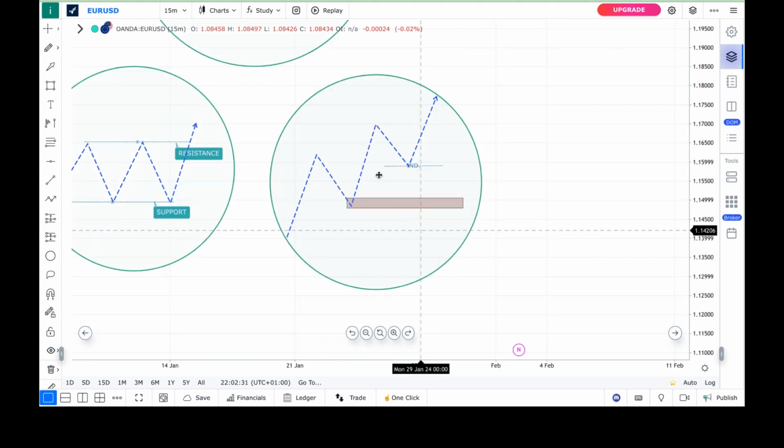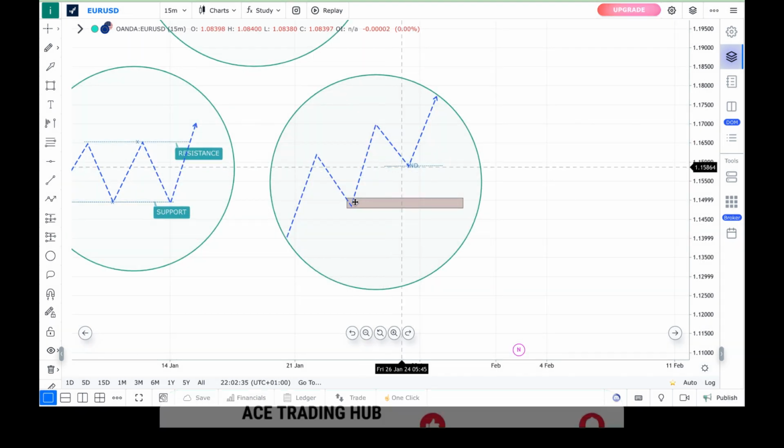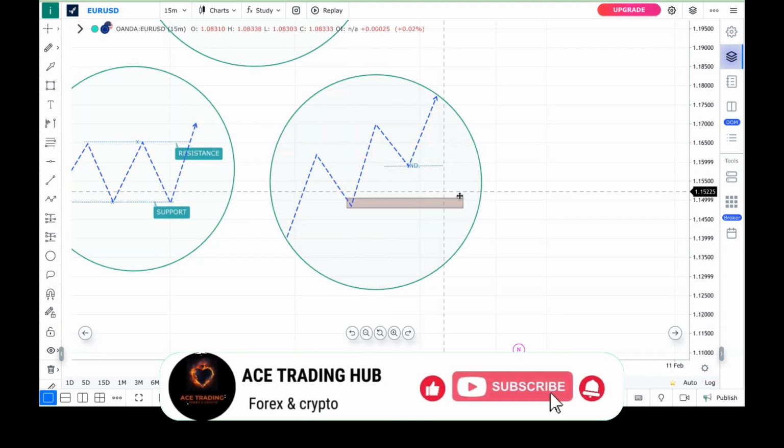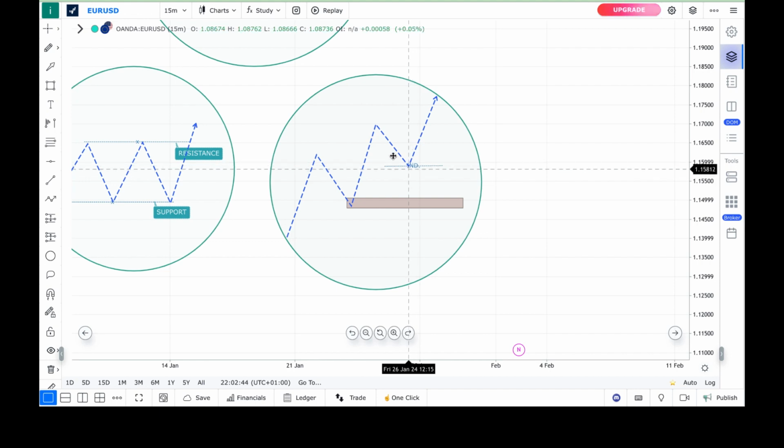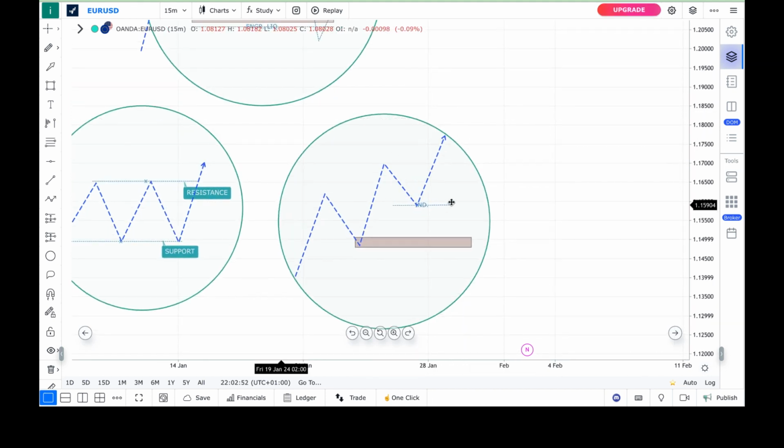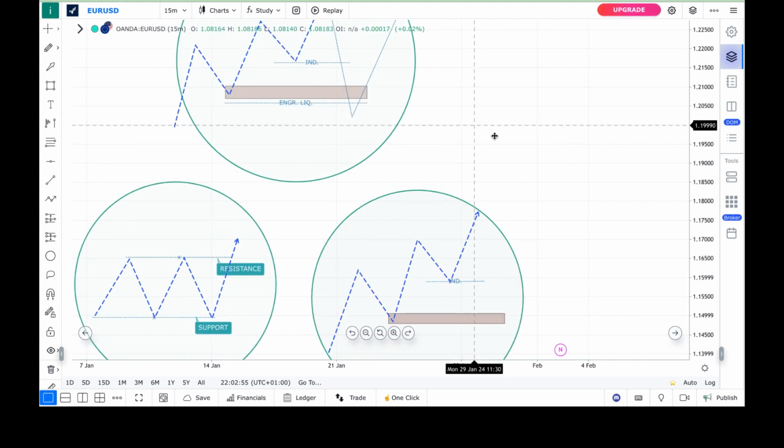We have the inducement, which is always above or below our order block. Inducement actually means first valid pullback. Support and resistance, inducement, and the last one I spoke about is the engineered liquidity.